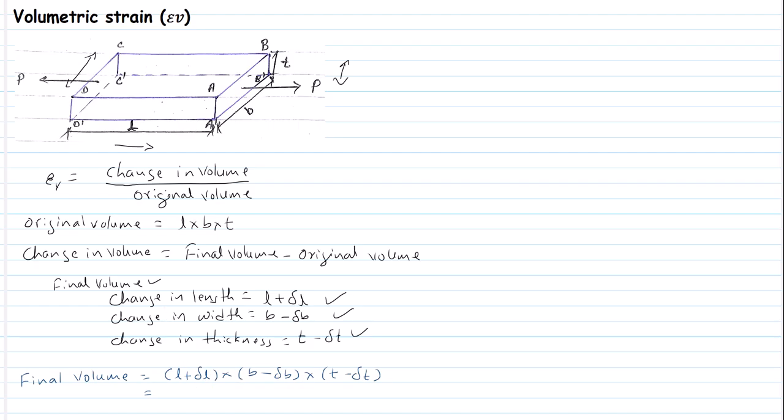I will multiply this term to this term, and this to this, and similarly again, and rewrite this equation in simplified form. So that is L into B, the first term, and the next terms are minus L into delta B plus delta L into B minus delta L into delta B. This is one term, and it is multiplied with this part, which is T minus delta T.